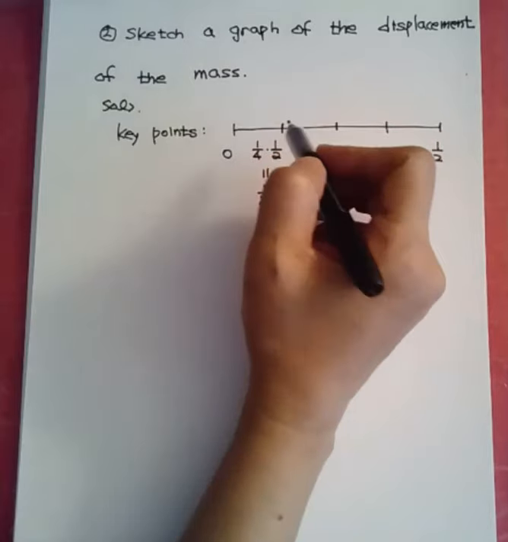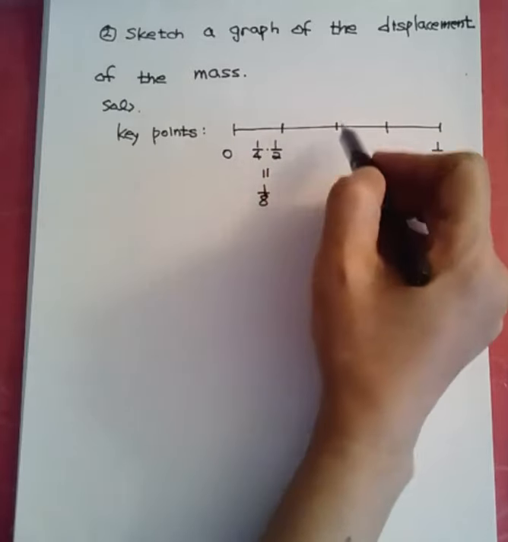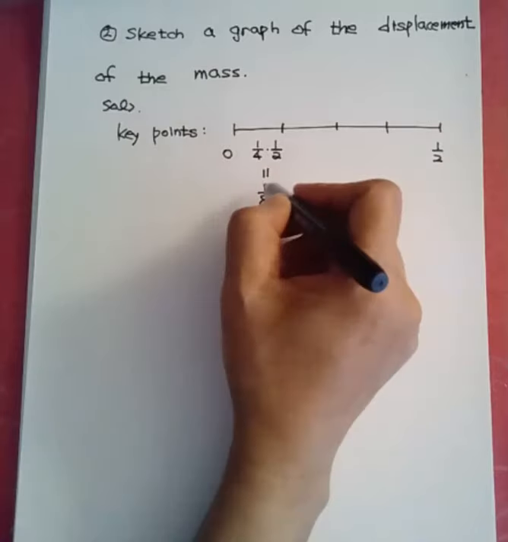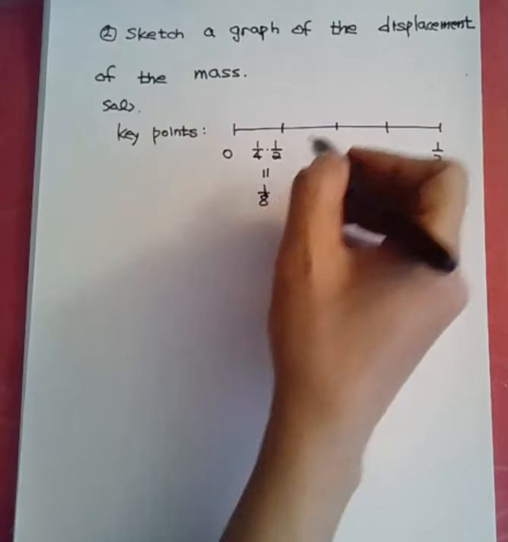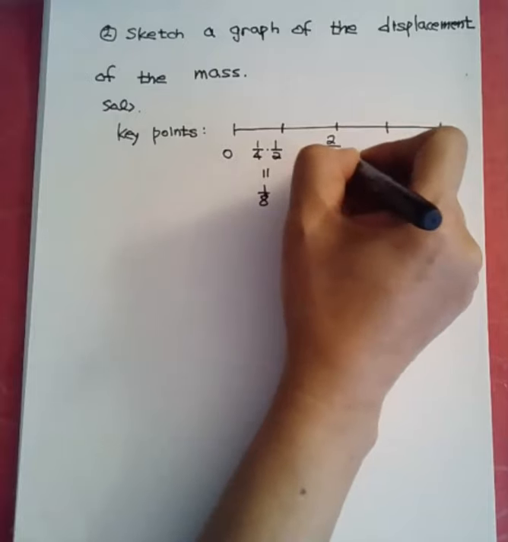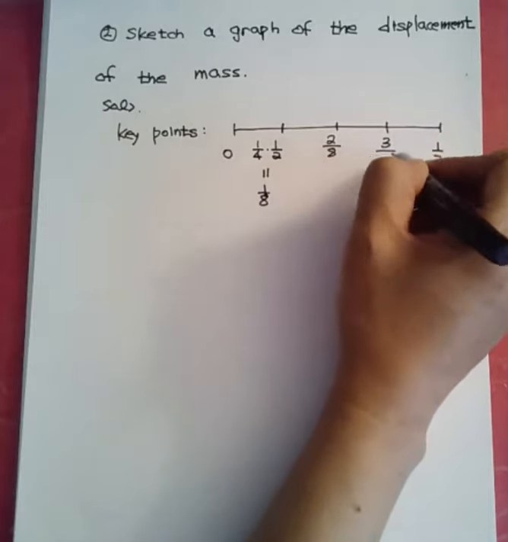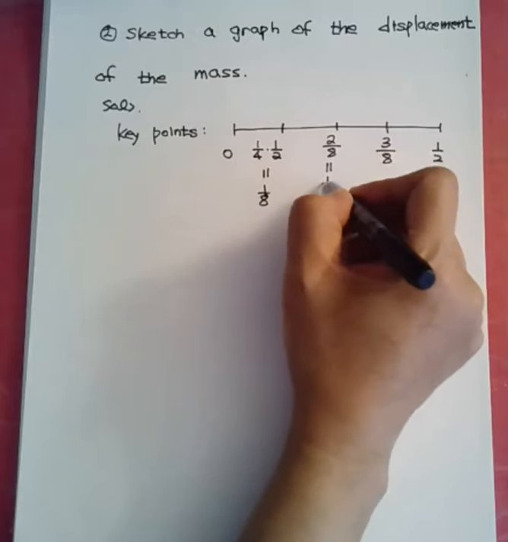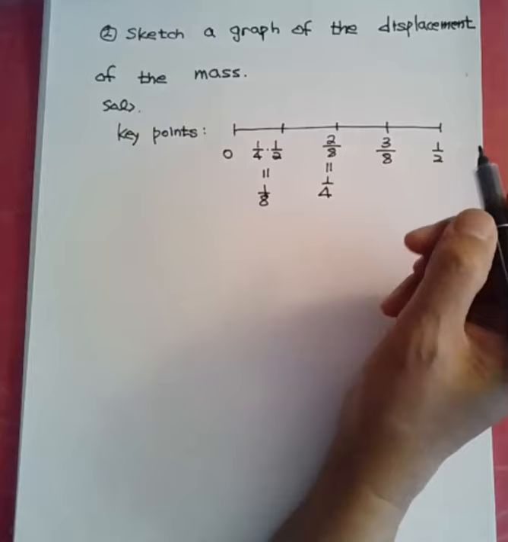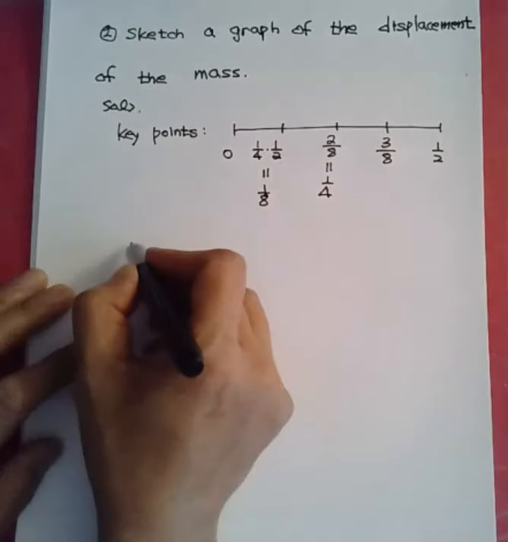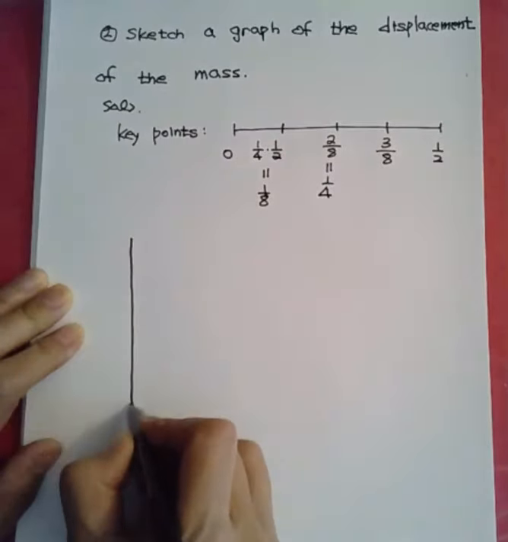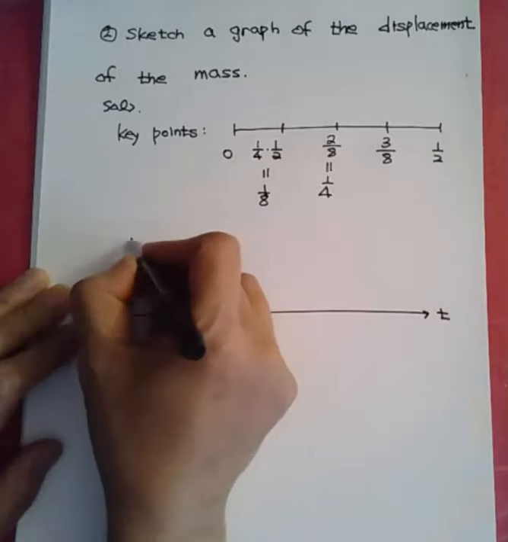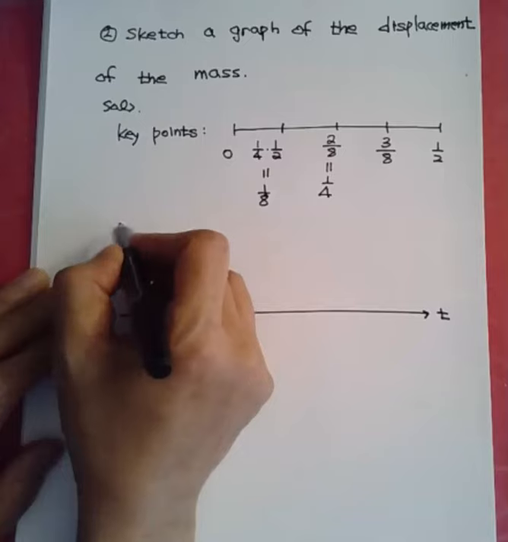On the other hand, I said each interval length will be exactly the same. So if the first number is 1/8, then the second one is 2/8, the third one is 3/8, but 2/8 can be reduced to 1/4. Let's go with that. Here is t, and the amplitude was 10.